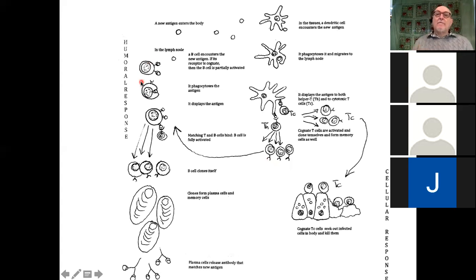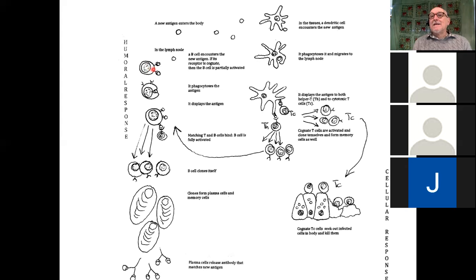Also in the lymph node are these lymphocytes, the B cells. And just like the T cells, they also have receptors which can bind specific epitopes of the antigen. The first time a B cell encounters its specific epitope, the one that it can bind to, it will ingest whatever that is attached to.